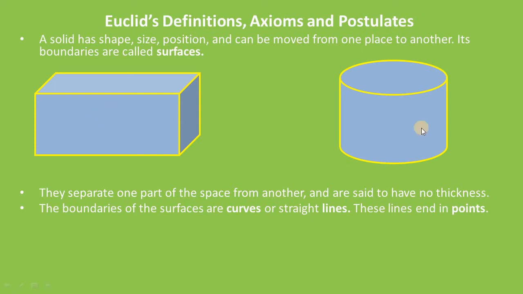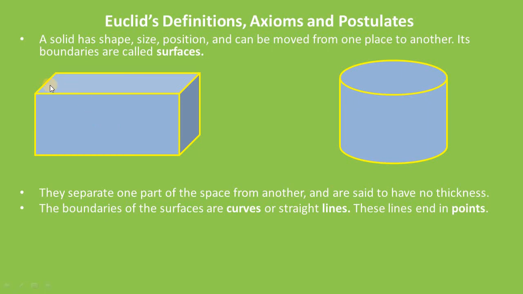In the cylindrical shape, the surface is curved, so it is called a curved surface. The cylinder has a curved surface area, and the rectangle has a plane surface.